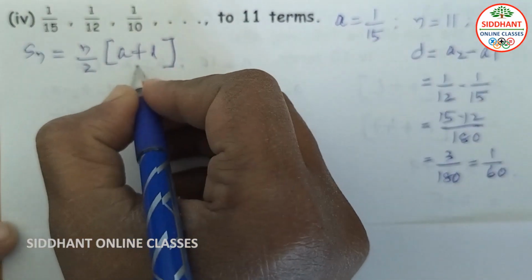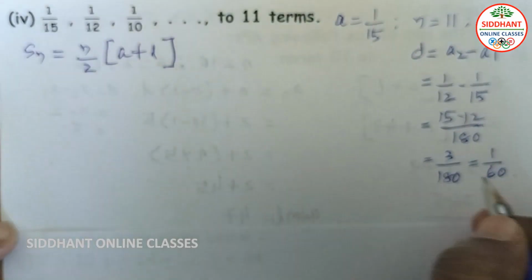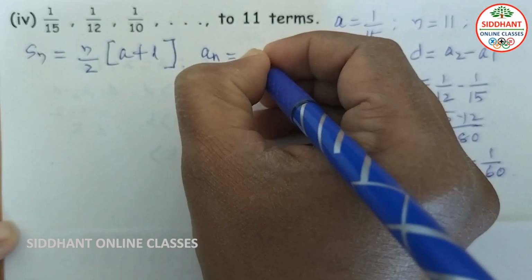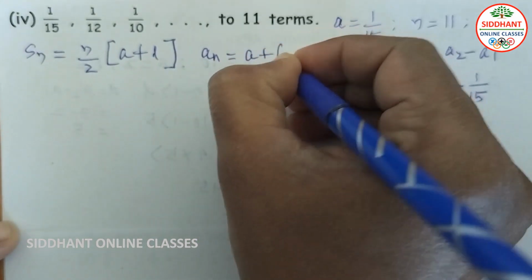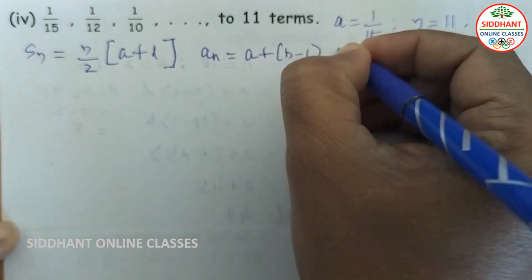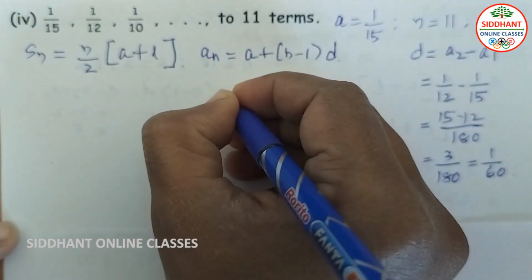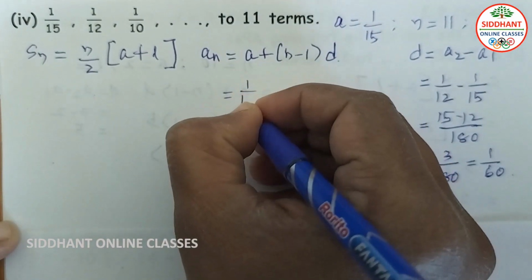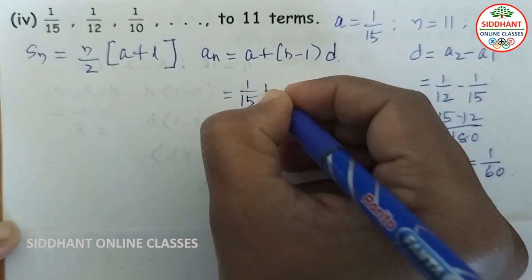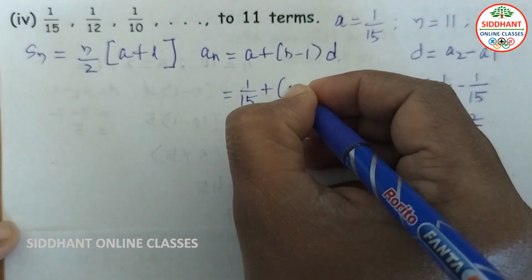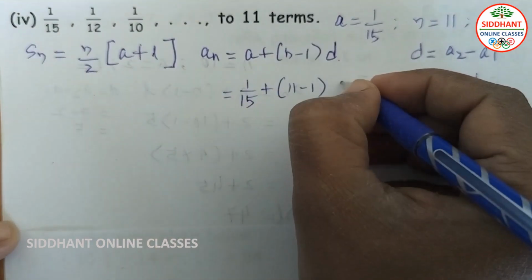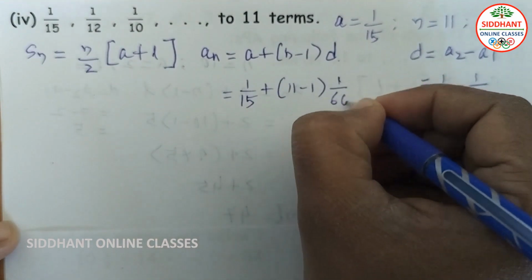Now L, which is not given, we are going to find out. That means An is equal to A plus n minus 1 into D. A is given, which is the first term, 1 by 15, plus n, that is 11 minus 1, and D is the common difference, 1 by 60.